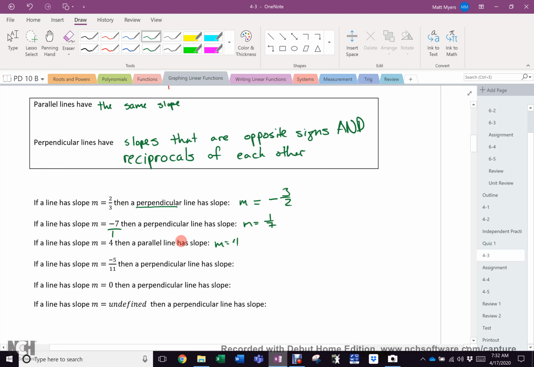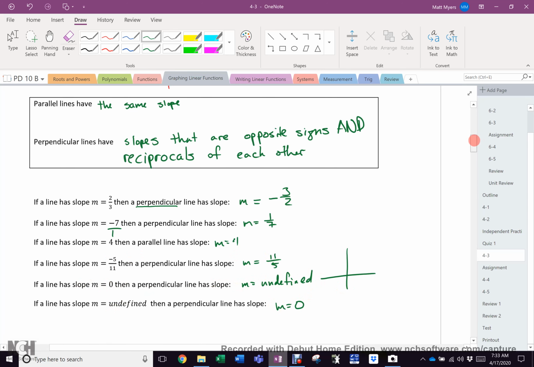This would be 4 because parallel is the same. Perpendicular here, I flip it and I change the sign. Slope is 0. Perpendicular is undefined because the opposite of a flat line is a vertical line. And if it's undefined, our slope would be 0.